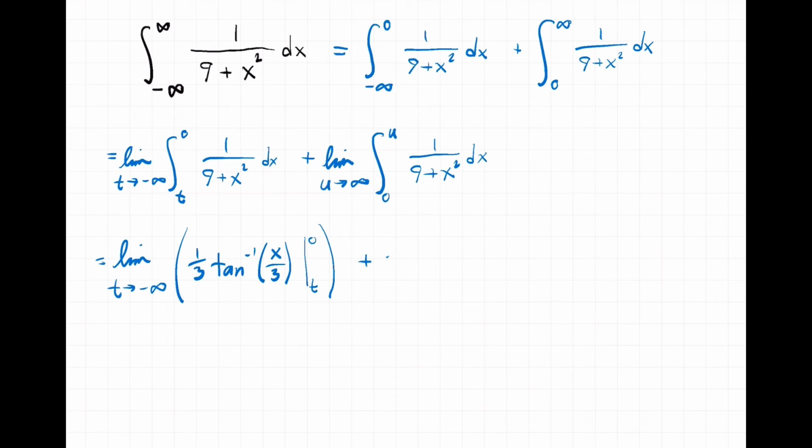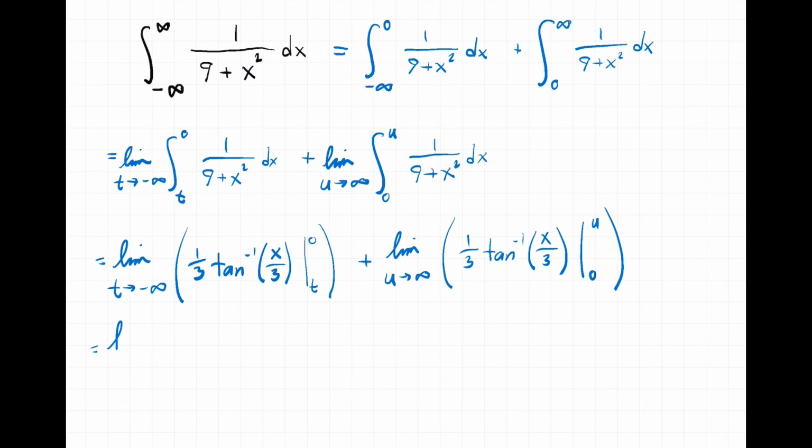Plus a separate limit, the limit as u goes to infinity of, again, 1/3 inverse tangent of x over 3, going from 0 to u. And we'll just work these things out now, and we can fill things in. The limit as t goes to minus infinity of 1/3 inverse tangent of 0 over 3 minus 1/3 inverse tangent of t over 3.